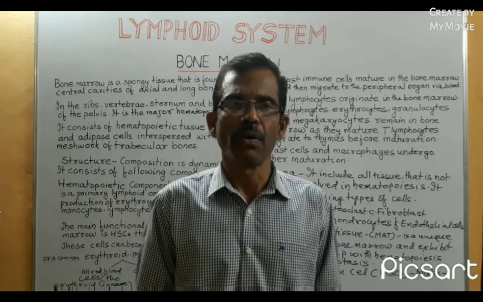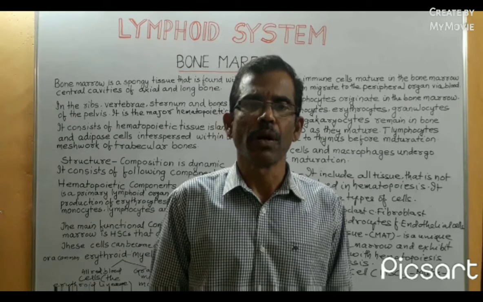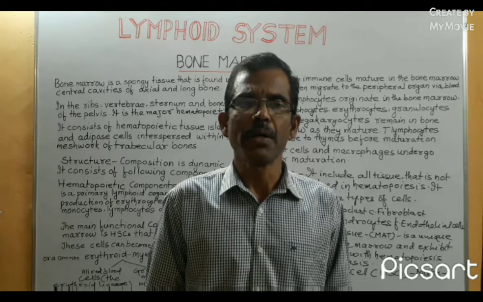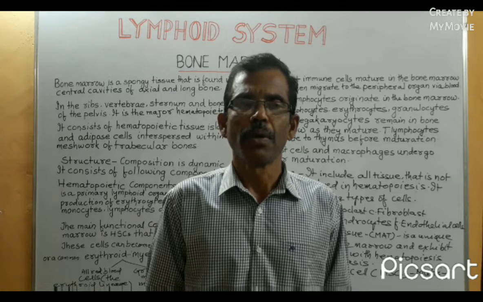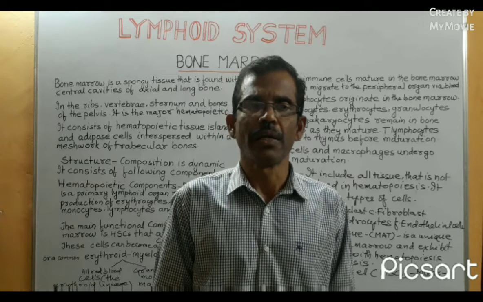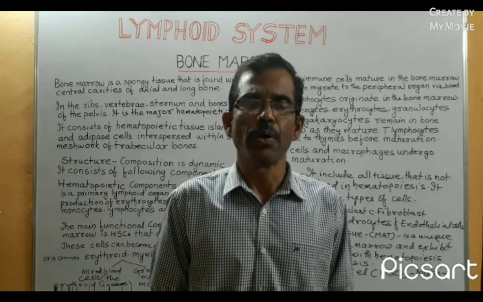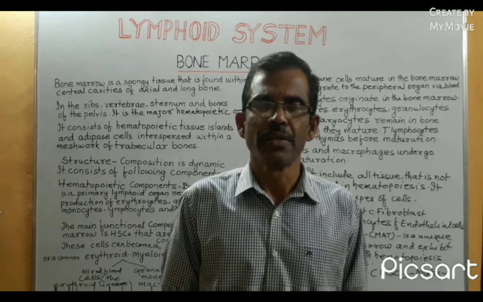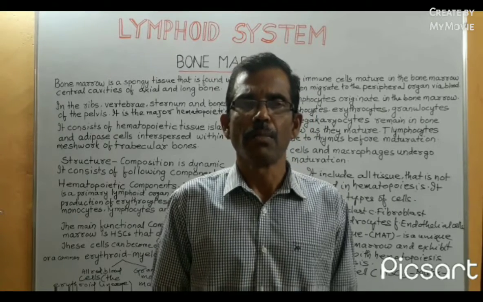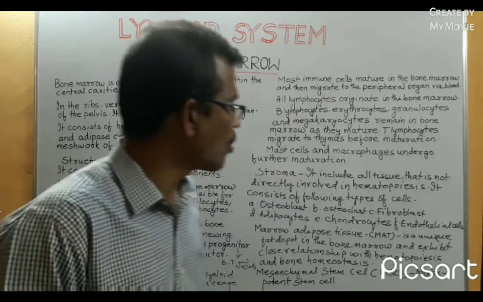So first of all, primary lymphoid organs. At primary lymphoid organs, immune cells develop from immature precursor, whereas at the secondary lymphoid organ, the immune response is initiated. So let us discuss about bone marrow. What is bone marrow?